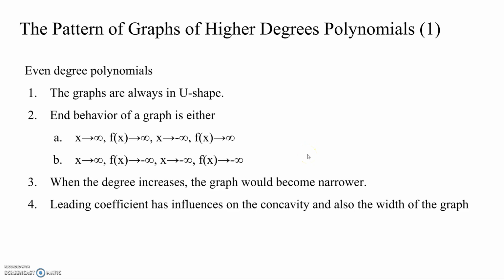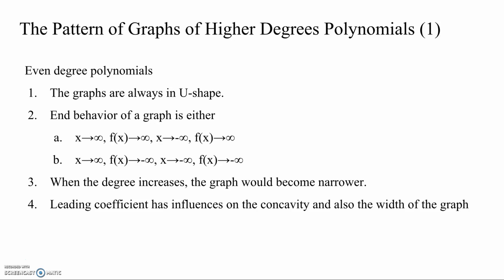And here are the properties for the higher degree polynomials. Let's start with even degree polynomials. The graphs are always U-shaped, as are parabolas, and the end behavior is either both go to positive infinity or both go to negative infinity.